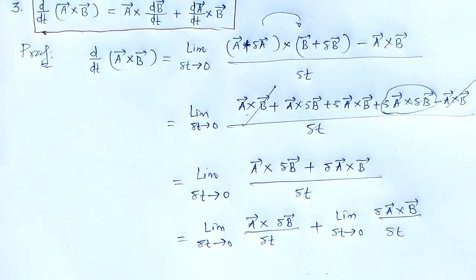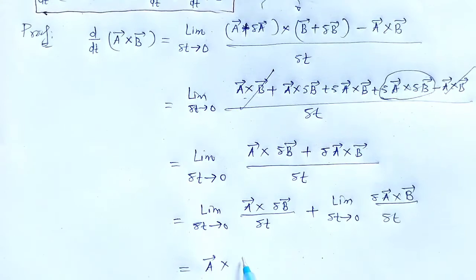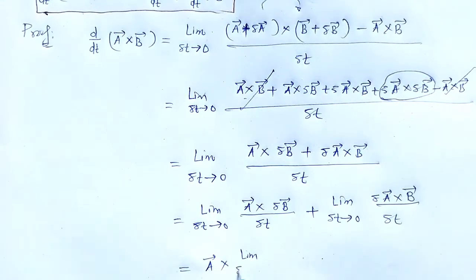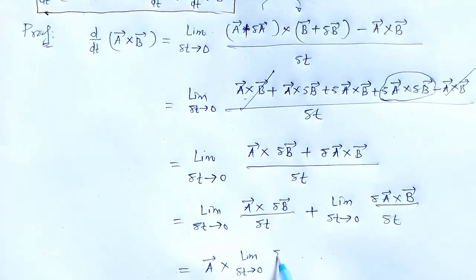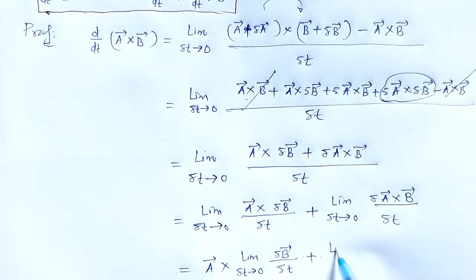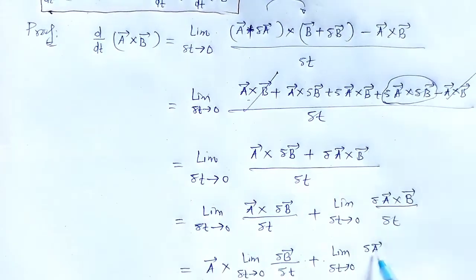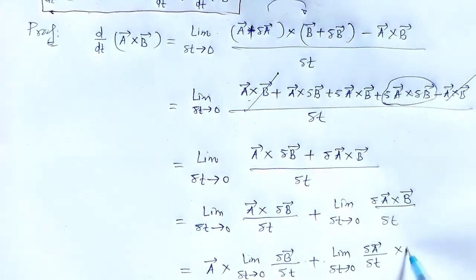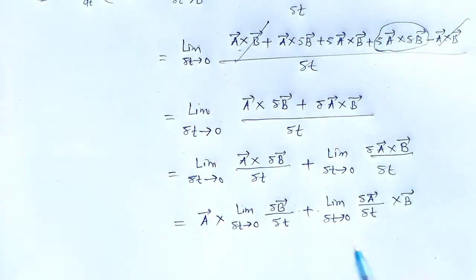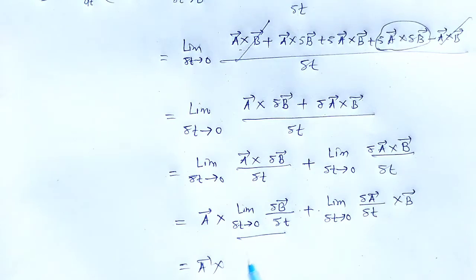That's why we can write a × (limit Δt tends to 0 of Δb/Δt) plus (limit Δt tends to 0 of Δa/Δt) × b.